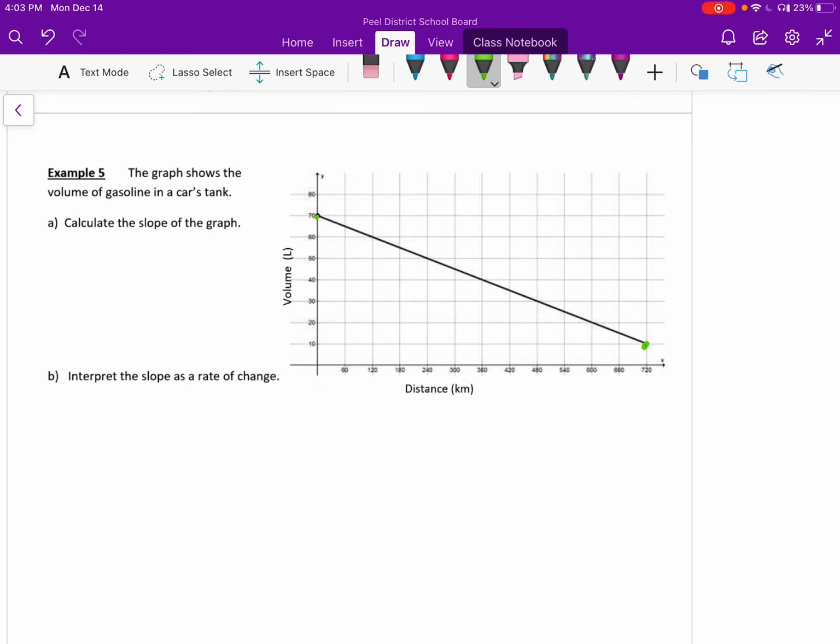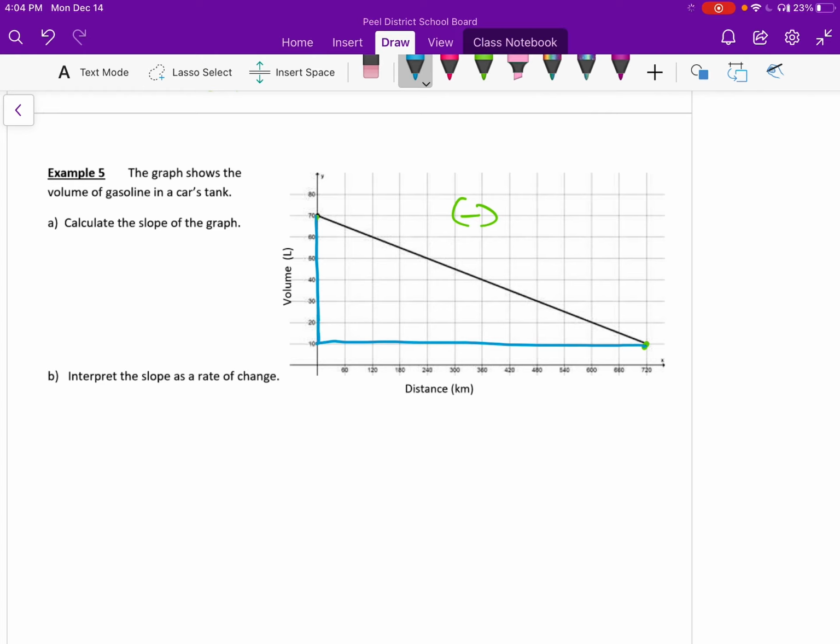Okay? So the graph shows that the volume of gasoline in a car's tank. So this is the volume of gasoline. Right off the bat, it's going down, so we know this is a negative slope, right? So we just got to make sure that our slope means that. So I'm going to go down and I'm going to find my rise over run. So I'm going to go in and draw out my little triangle.